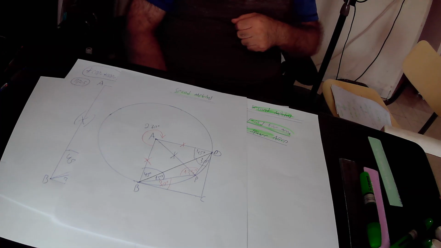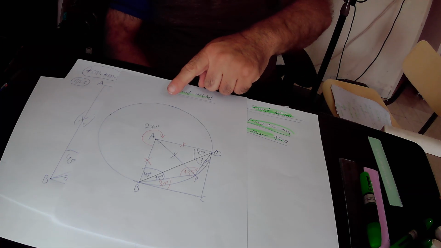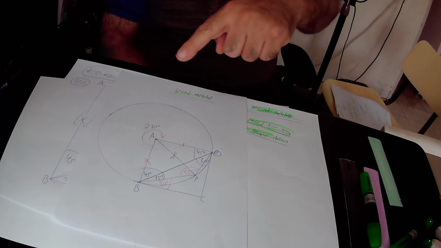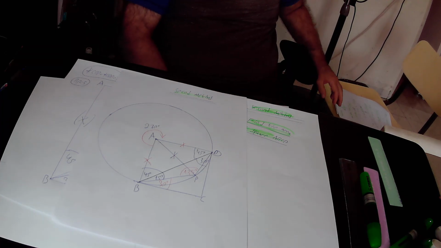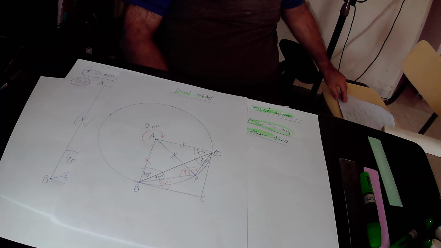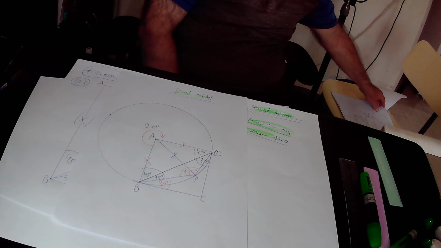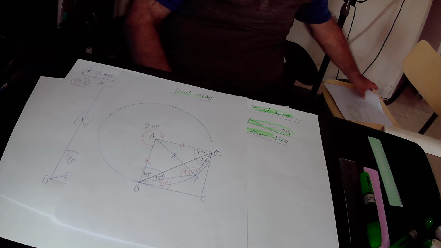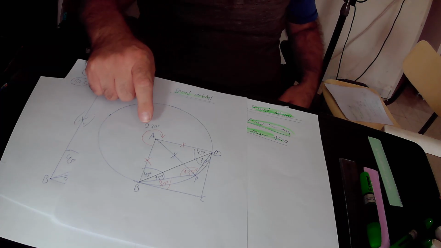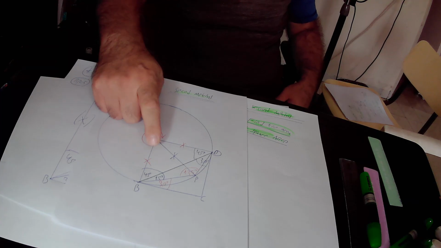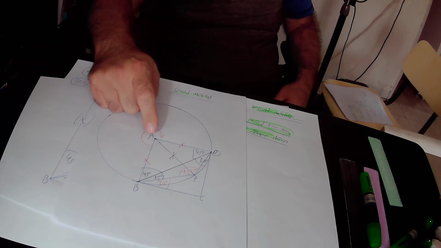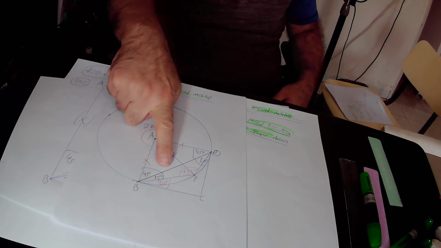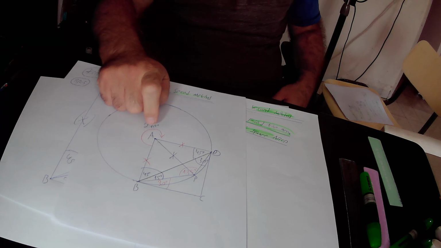In the next step, we focus on this triangle ABP. Again, we focus on this triangle ABP. In this triangle ABP, angle ABP equals 45 degrees plus 15 degrees, that is 60 degrees.